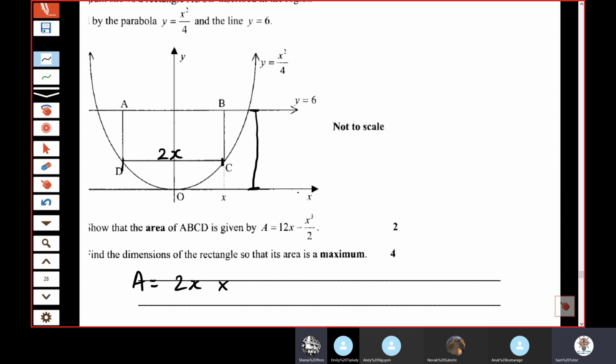That whole length? It's 6. Very simple. Isn't y equal to 6 here? Exactly, that's 6 right there. y equals 6. And then we want to find this length now.